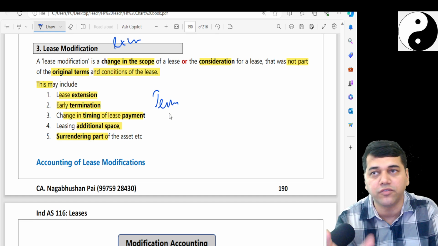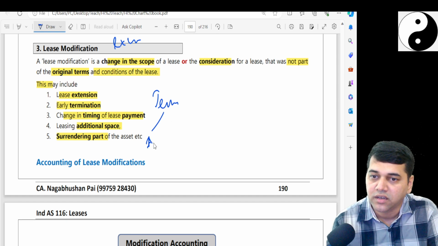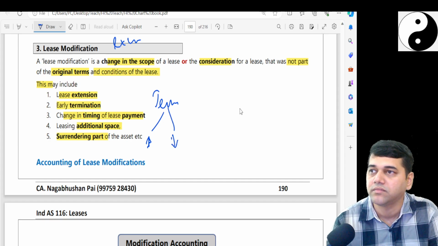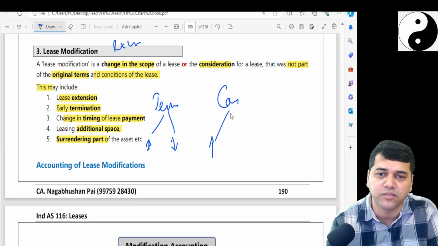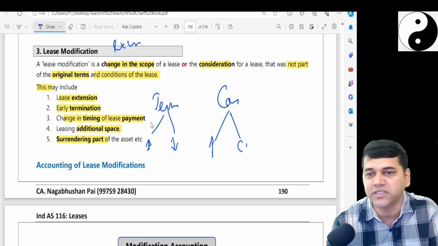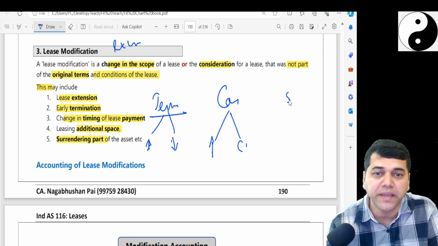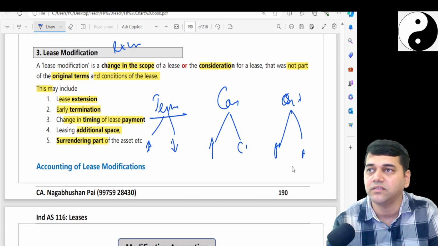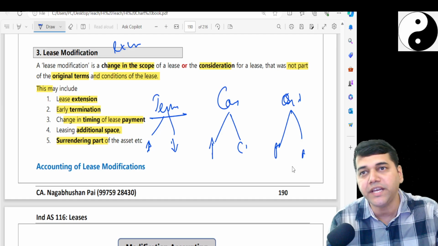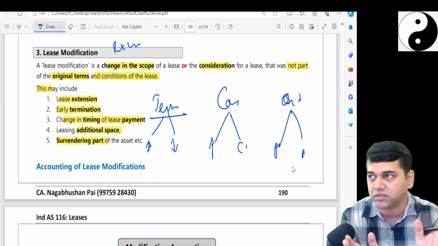Term can change, term may increase, term may decrease. Consideration can change for any reason. Consideration may increase, consideration may decrease. That means term is same. Space, quantity. Quantity can increase, quantity can decrease. One among the three can happen independently, or it can happen in a combination.